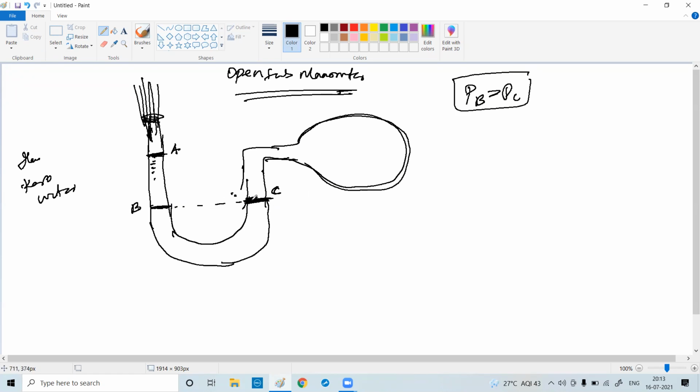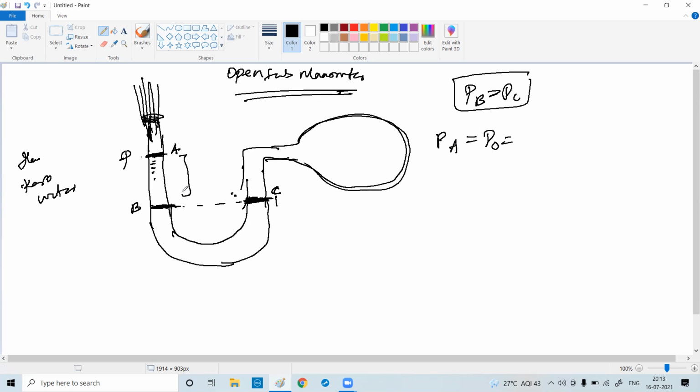So we want to find out the pressure at this point. How will you find it? If you know the pressure at this point, then you know the pressure at this point. So what is PA? Pressure at A is nothing but the atmospheric pressure, that is called P naught. And how will you find PB?